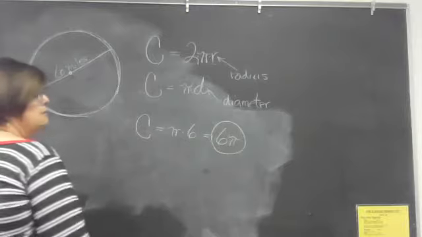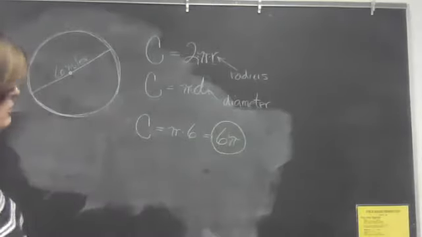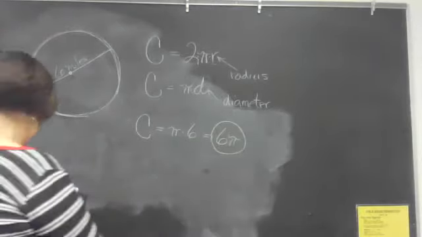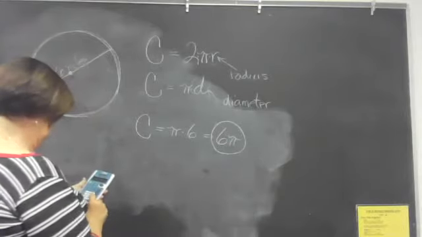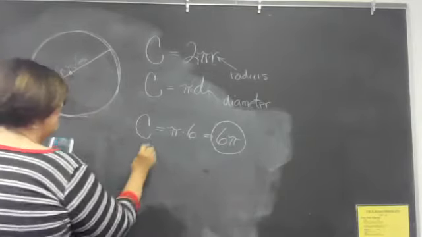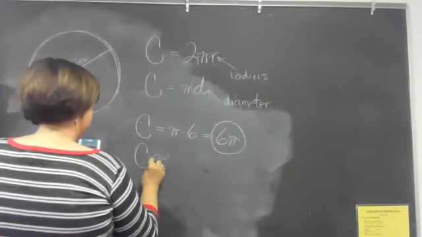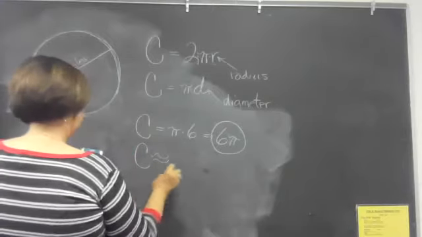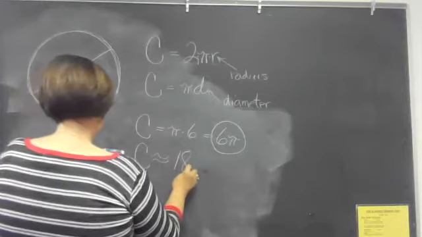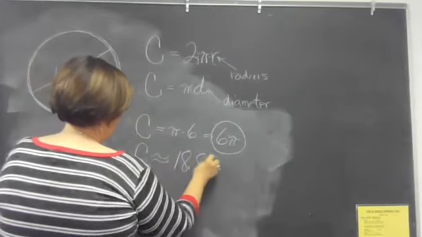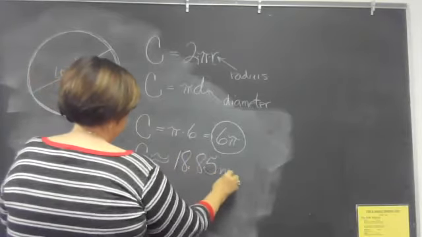But if not, I need you to use a calculator and find that the circumference is approximately equal to 18.85 miles.